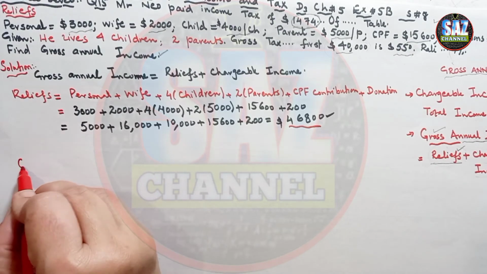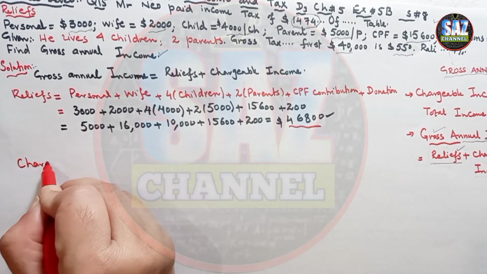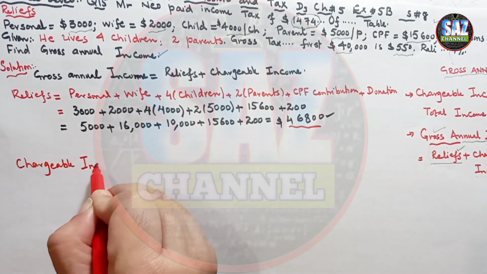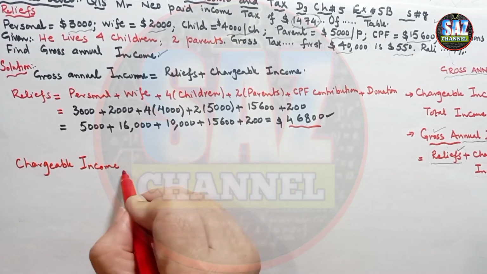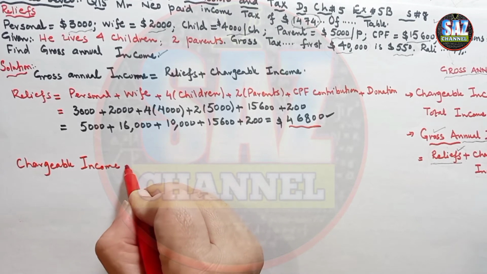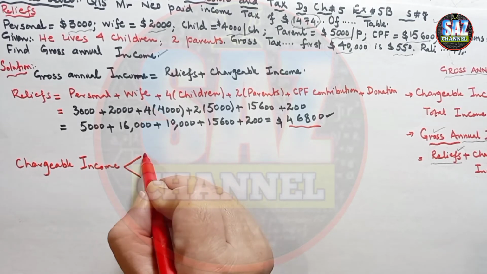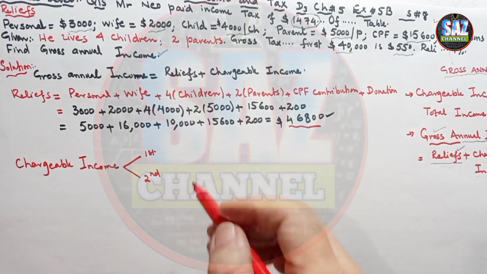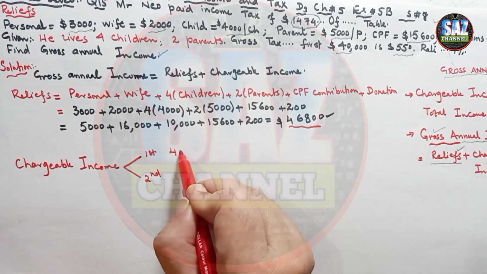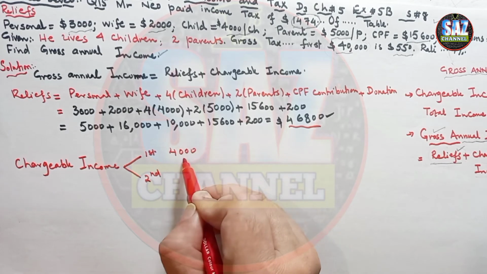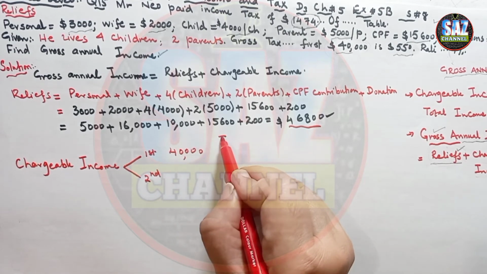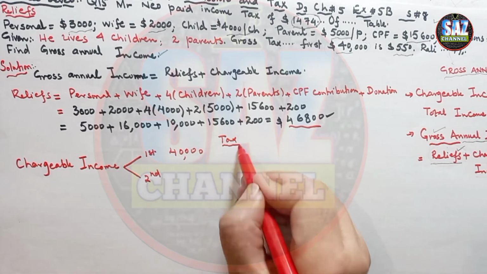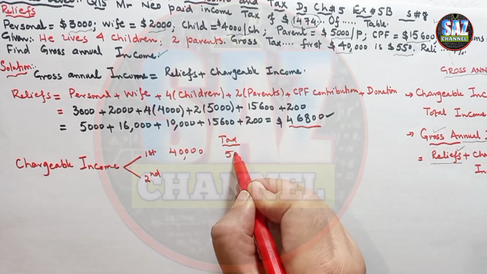So chargeable income, how to find that? Income consists of two parts, that is the first and the second. On the first 40,000 the amount of tax that he is paying is 550, already given to us.